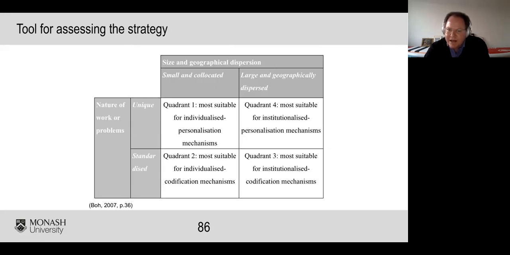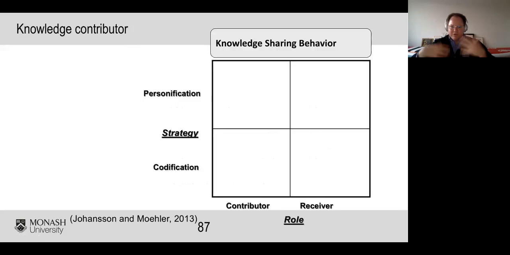In our case, we had another driver. With a global company, you have geographically dispersed work and the nature of problems, unique or standardized. And that gives you a typology. But I wanted to show you where you arrive with that. The main issue in our analysis was in projects.